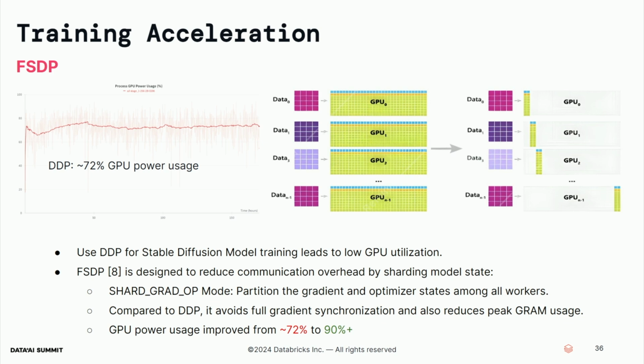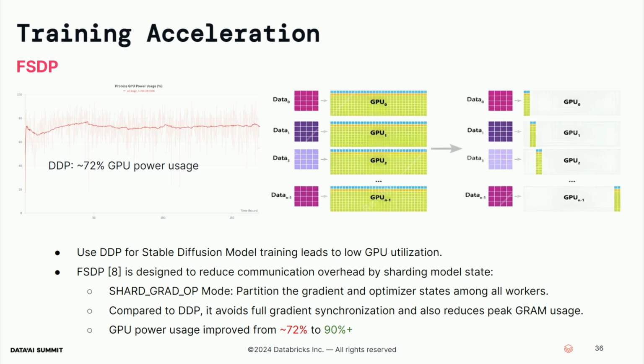So FSDP, to resolve this problem, shards the model state on each worker so that each worker only has partial weights and gradients. During the forward pass on the current layer, it will gather the required parameters for this layer, do the forward pass, and then discard these parameters, so you can imagine it will have much lower GPU memory requirements.